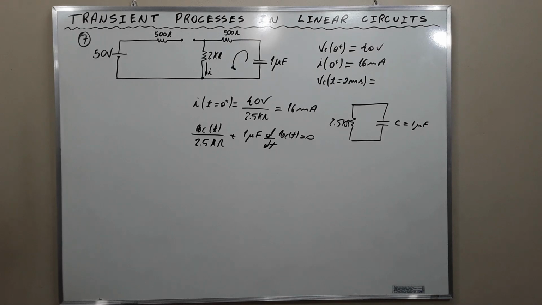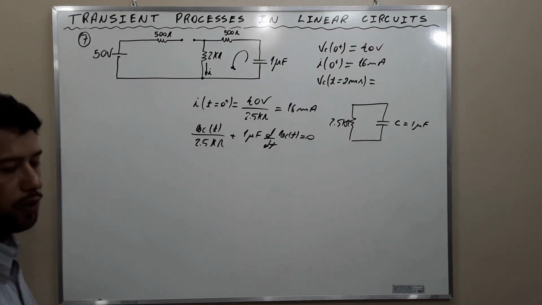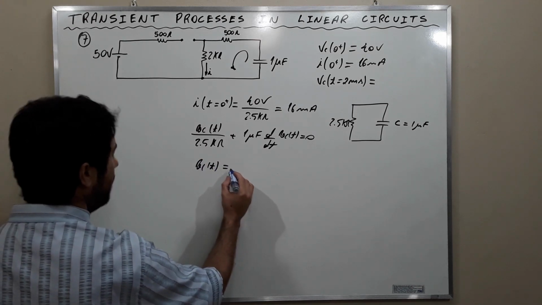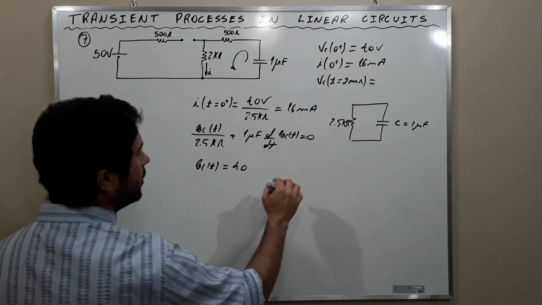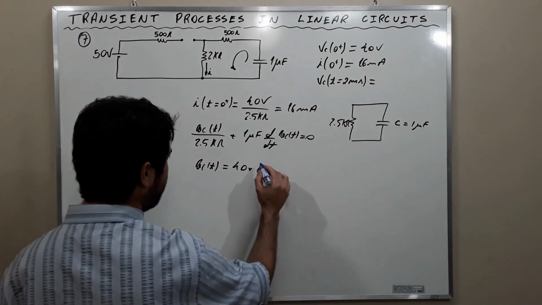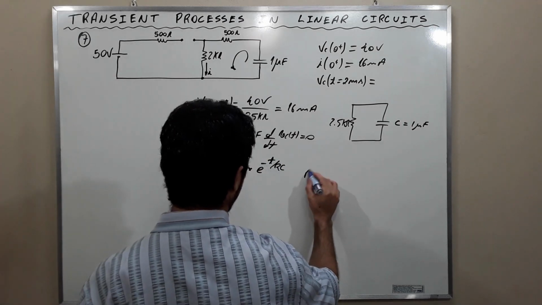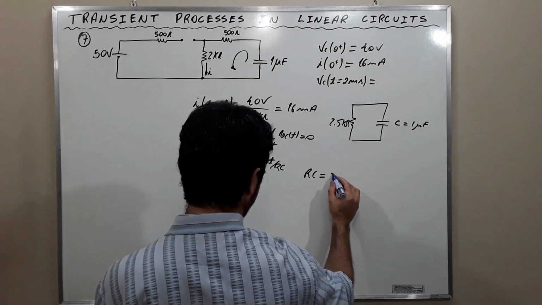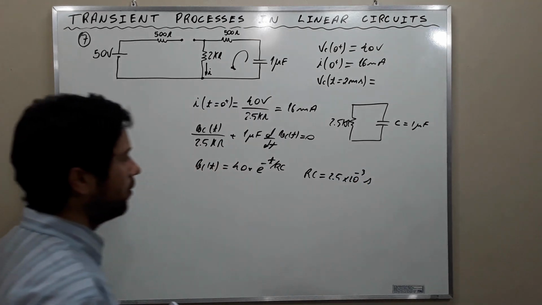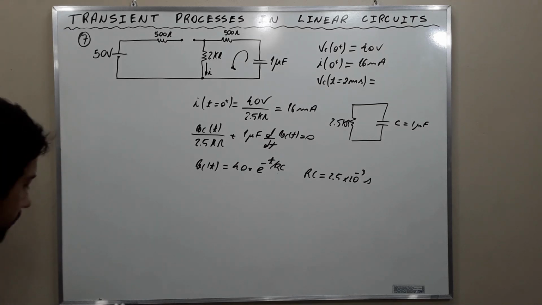And from this, if we solve like we did before, we find that Vc of t is equal to 40, the initial value of the voltage, times e raised to the power of negative t over Rc, in which Rc is equal to 2.5 times 10 to the negative 3 seconds. This is the time constant of the circuit.